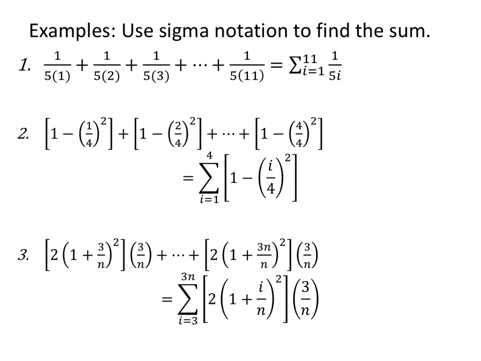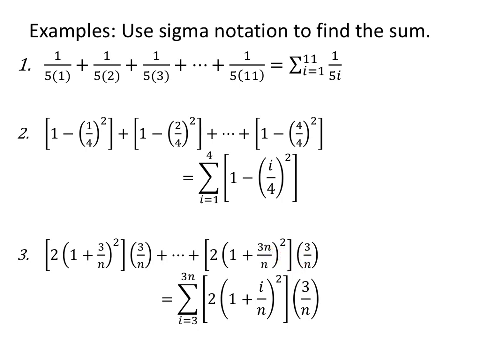Alright, so now I only have 2 terms, and in these 2 terms I have to figure out what stays the same and what changes. Let's see, I have 2 times 1 plus 3 over n all squared times 3 over n. Plus the pattern that has yet to be established, 2 times 1 plus 3n over n all squared times 3 over n.